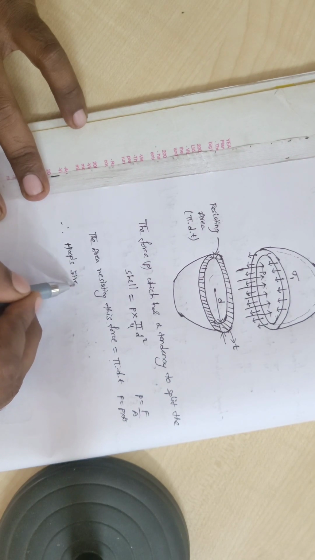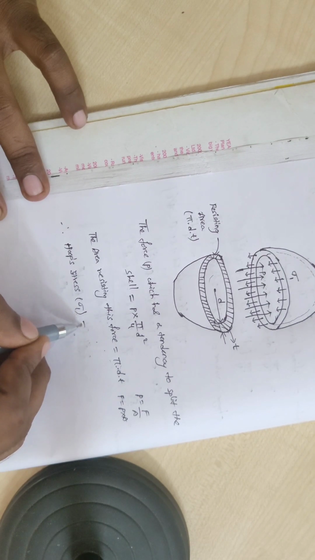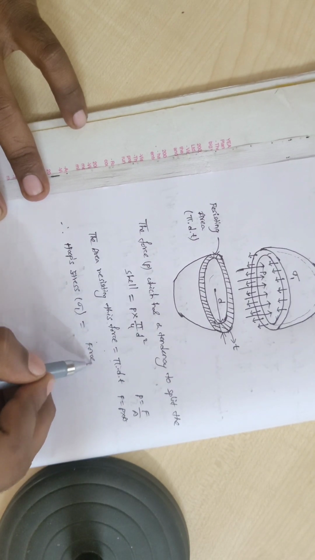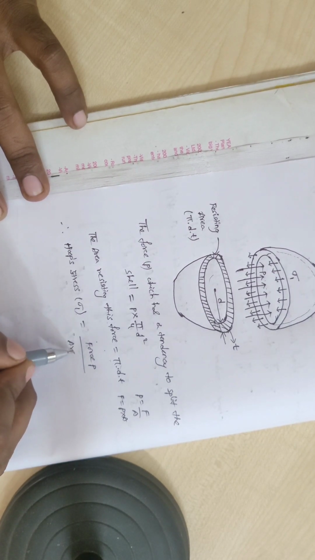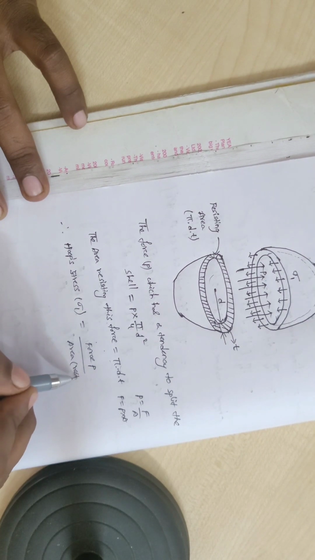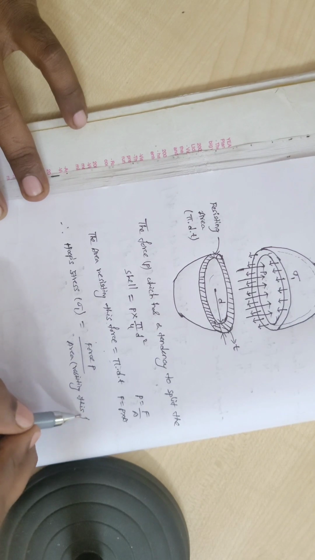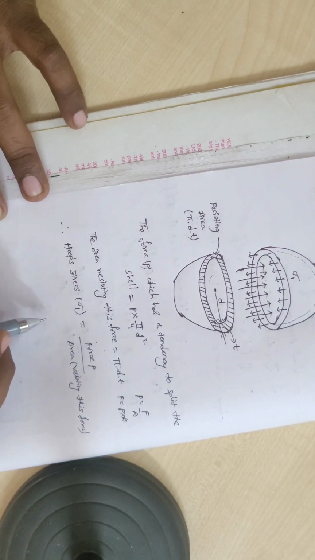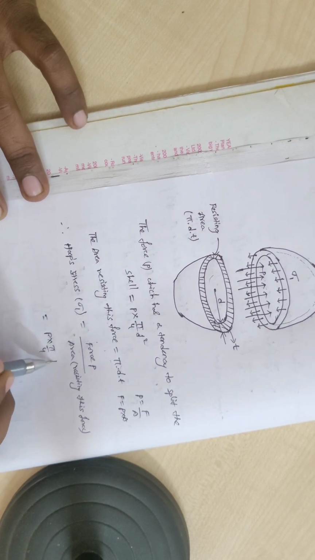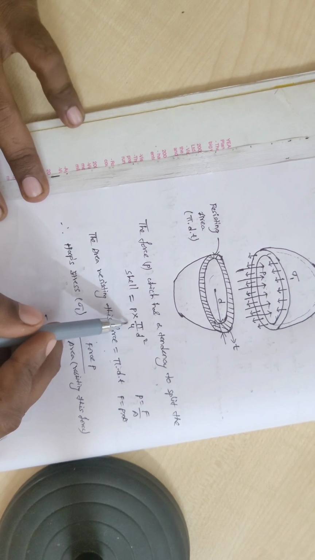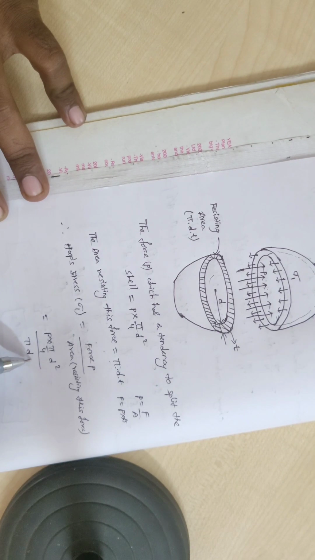The hoop stress, which I am considering as sigma 1, is given by the resisting force divided by the area resisting this force. Here the force is P into pi by 4 d square, which is equal to the resisting force, and the area is pi d into t.